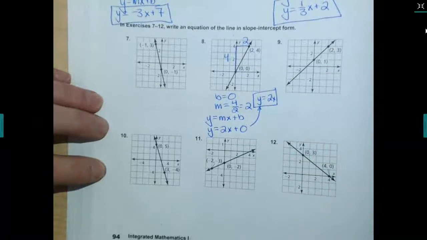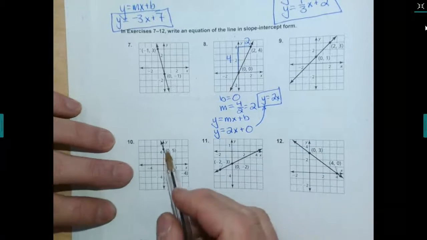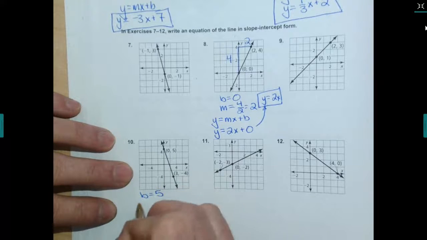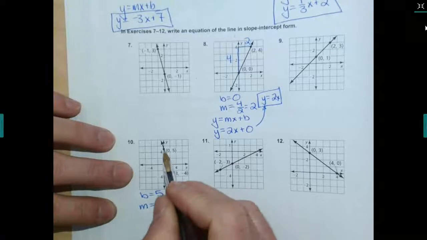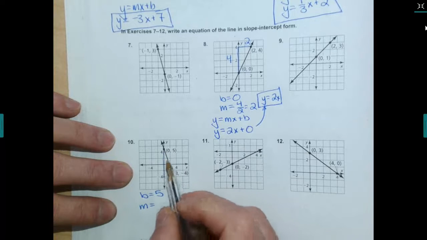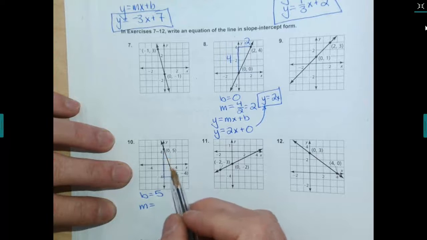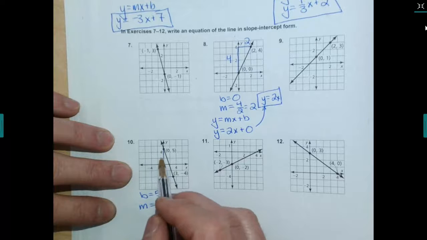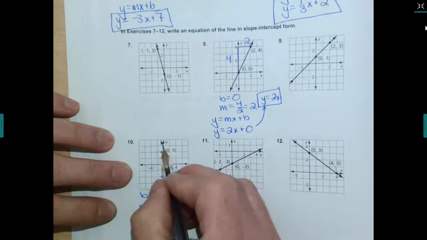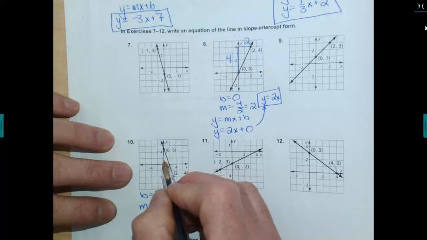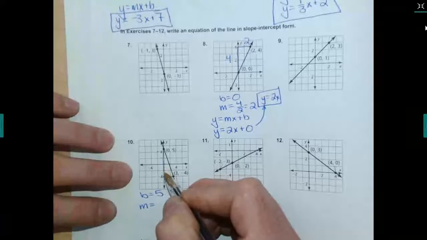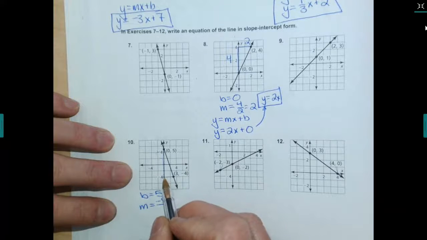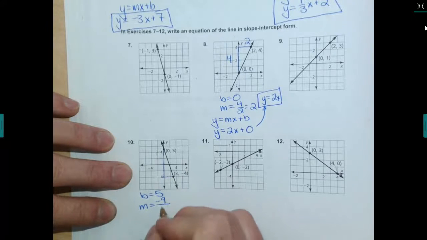Alright, let's do a couple more. Here we have the slope. I know my y-intercept is 5. And my slope will go down over. So this is a negative. So I go down 9, so I go negative 9, and then I go positive 3 over.